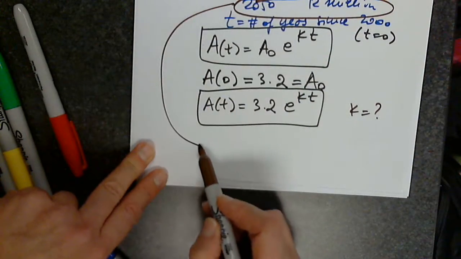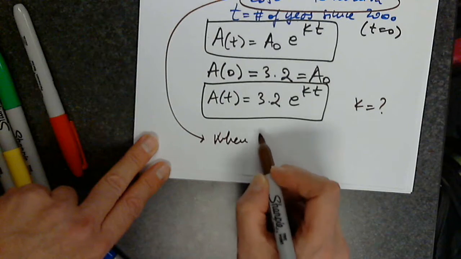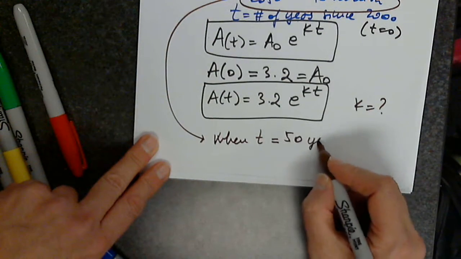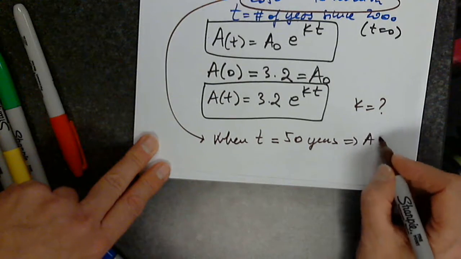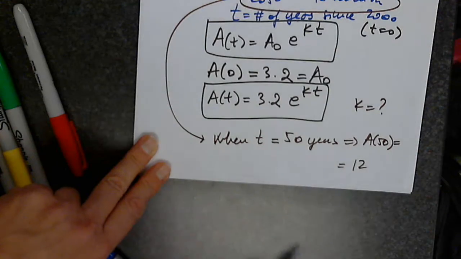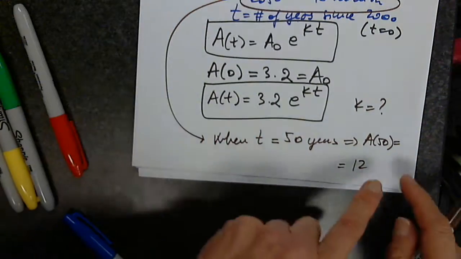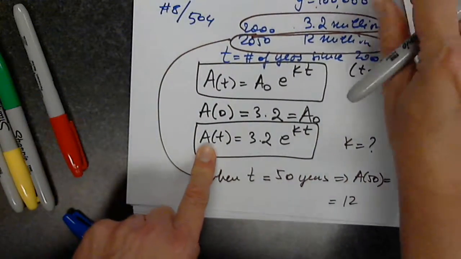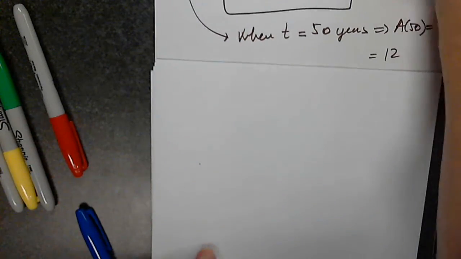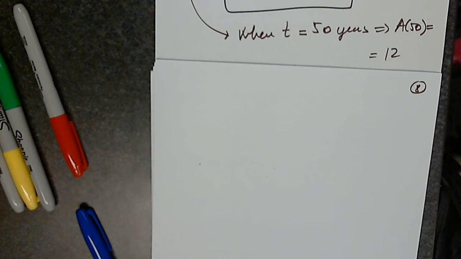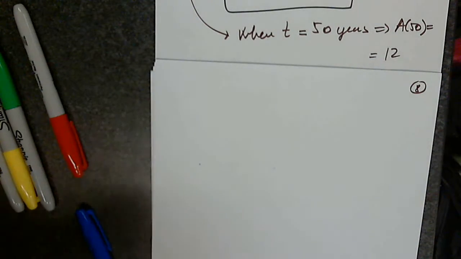This piece says that when t is 50 years, A of 50 is 12 million. So this is the information I have to put in the equation. Can anyone tell us how to write that second piece of information? When t is 50, A of 50 is 12.